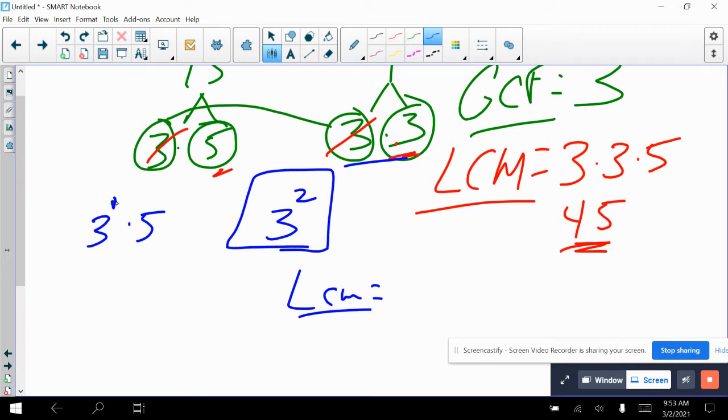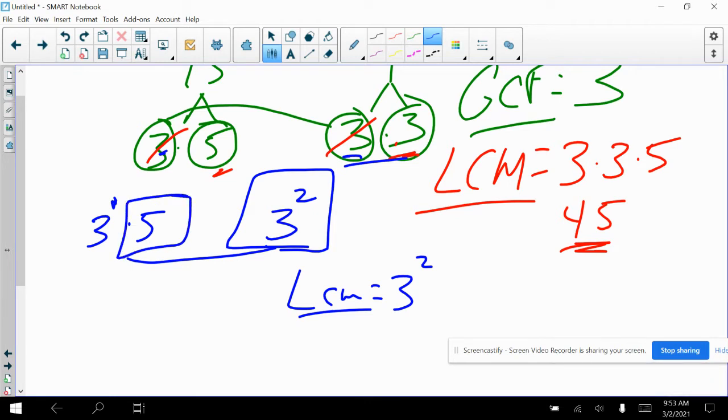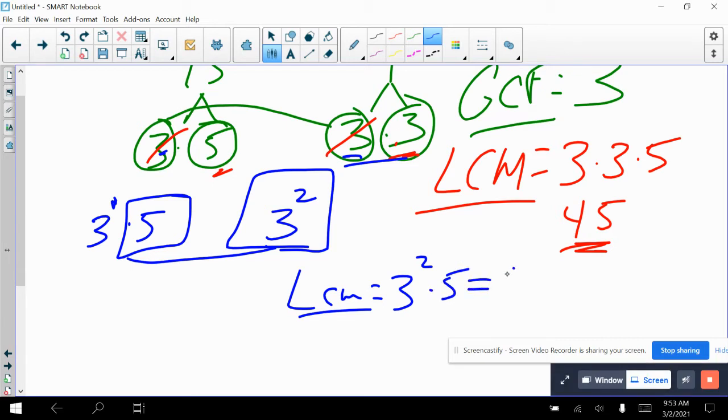This is always 3 to the first power if you just have one of them. So the bigger one is 3 squared. You always take the larger exponent. And then whatever is left, you multiply it for the LCM. So again, you still get 45 that way.